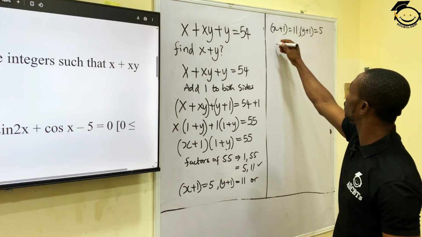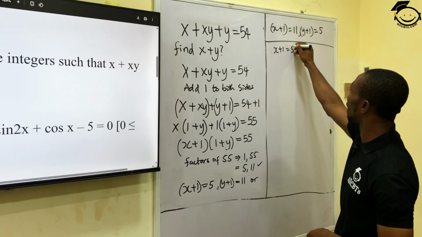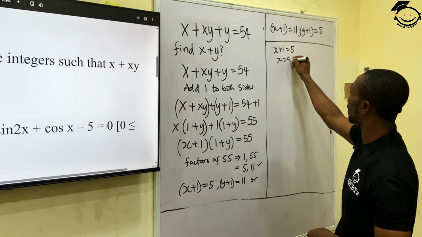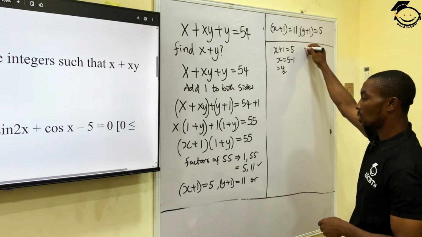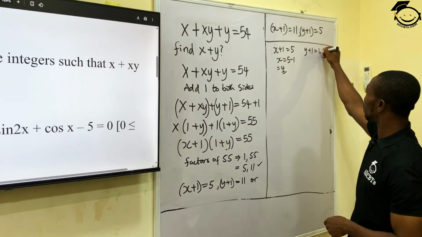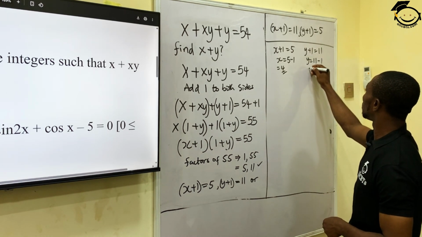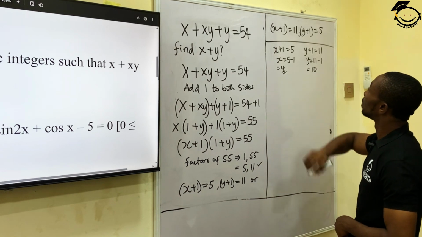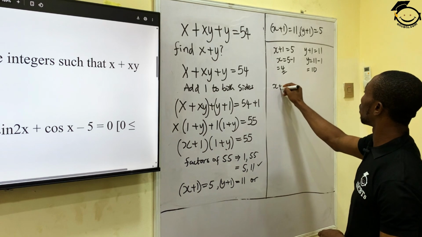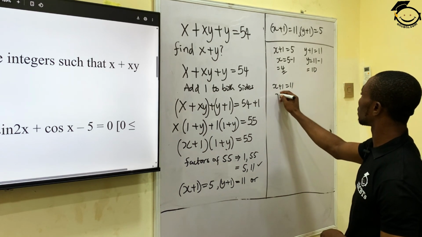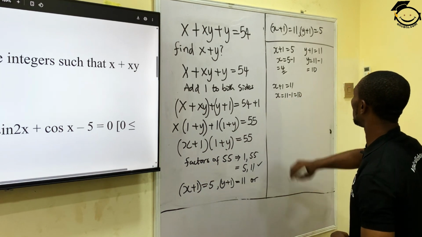Now, if we go for x plus 1 equals 5, x is going to be 5 minus 1, which is 4, and y plus 1 equals 11, y equals 11 minus 1, which is 10. Going for these factors, x plus 1 equals 11 will give us x equals 11 minus 1, which will give us 10.